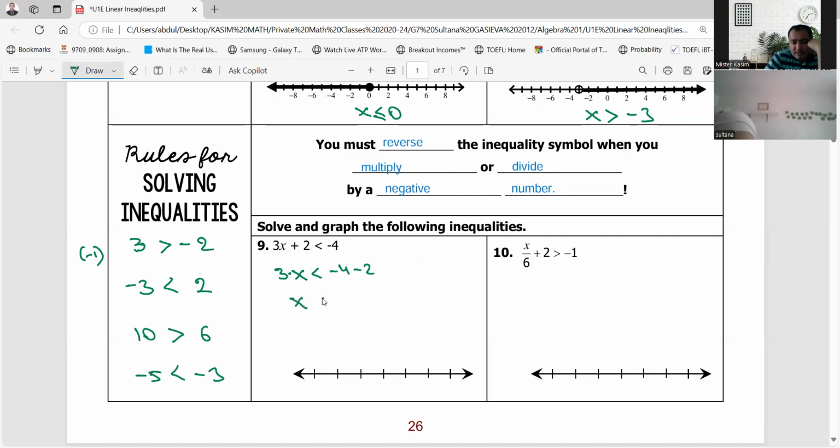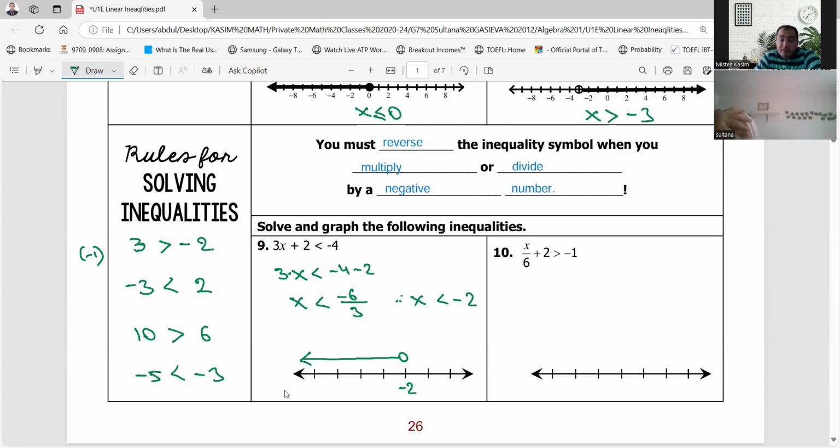So x is less than -6 divided by 3, so x is less than -2. Suppose this number is -2. All the numbers to the left are less than -2. That's how I show the inequality solution. All right, Sultana? Okay, do you want to try question 10?